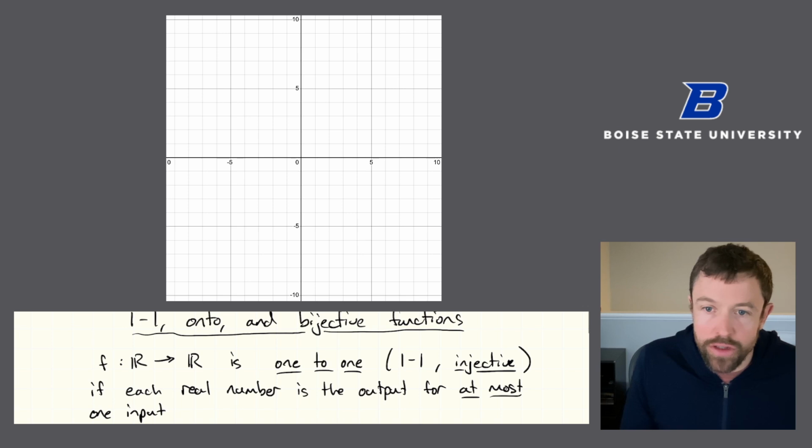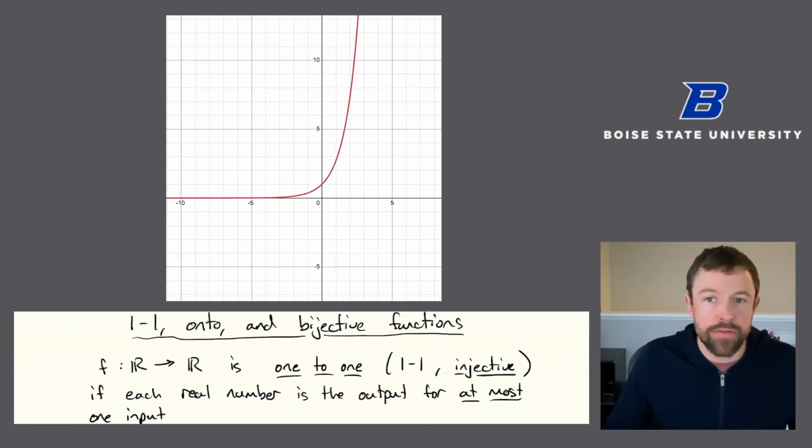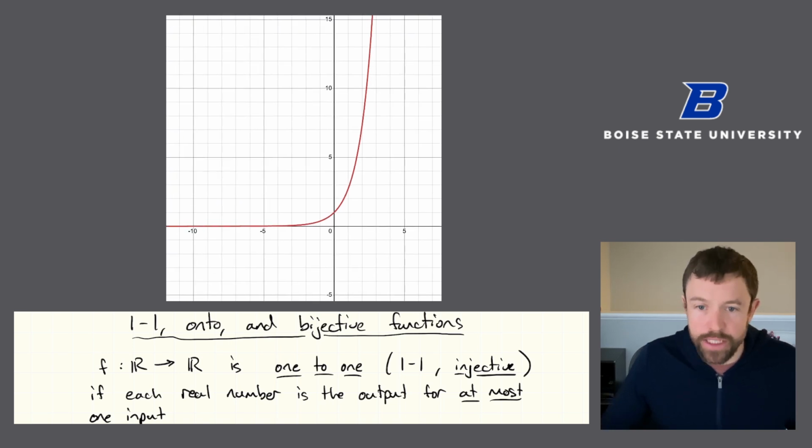In other words, there aren't two different values that can give you the same output. And let's look at an example here. So this example here is the function f of x equals e to the x.